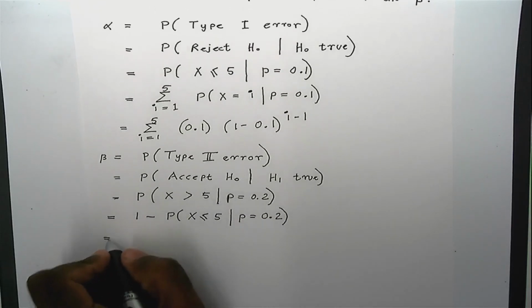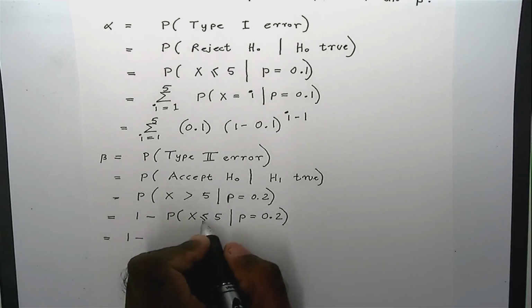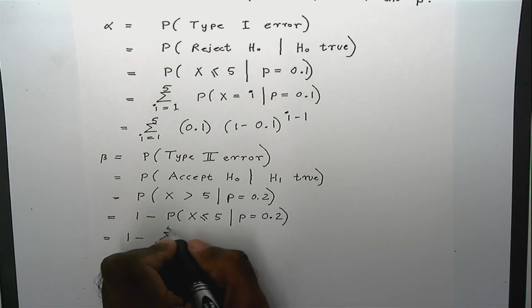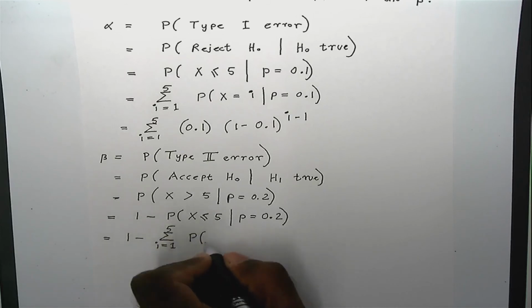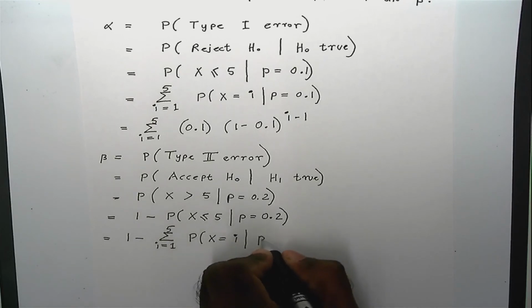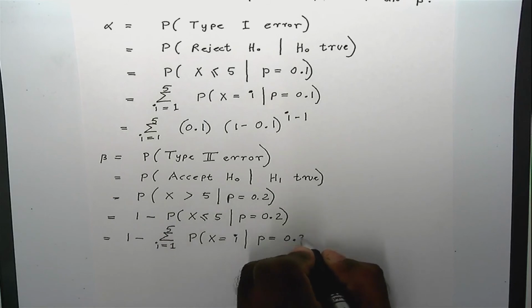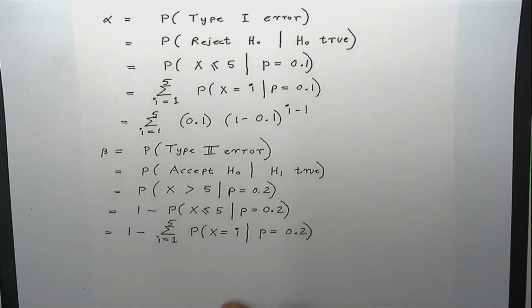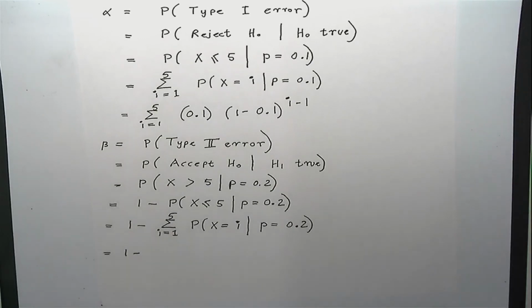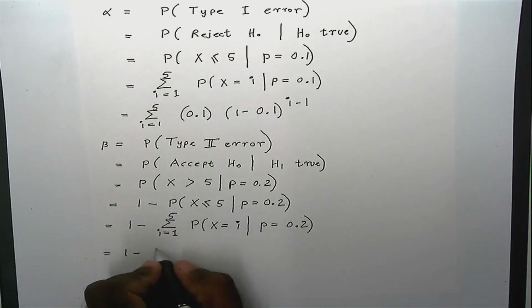Now if x is less than or equal to 5, then you can take values between 1 and 5. Excuse me.